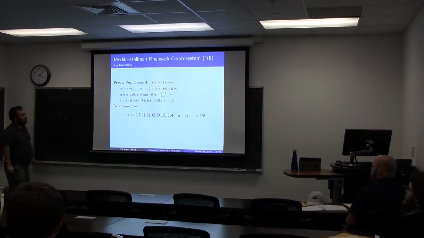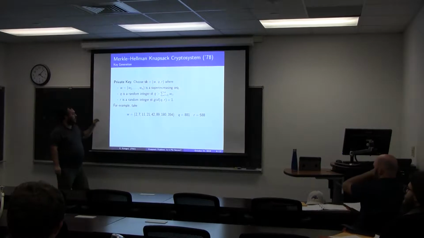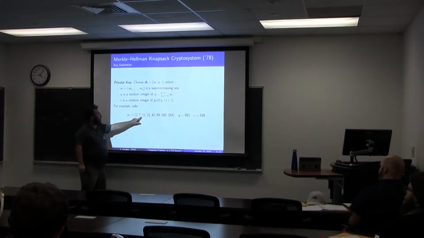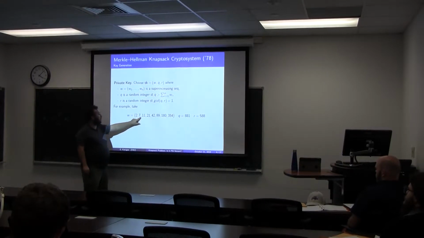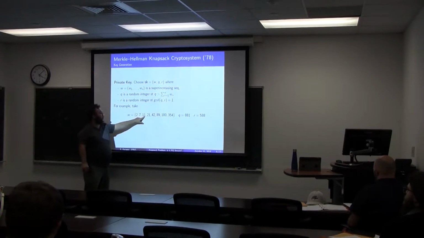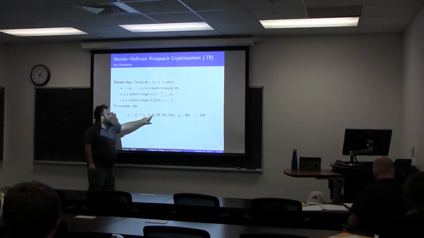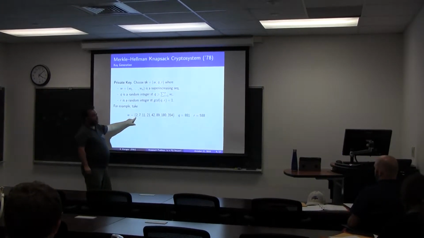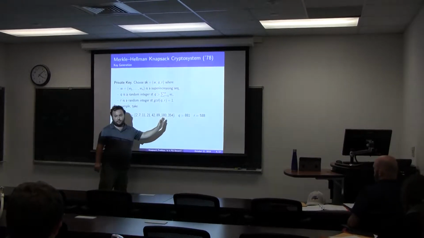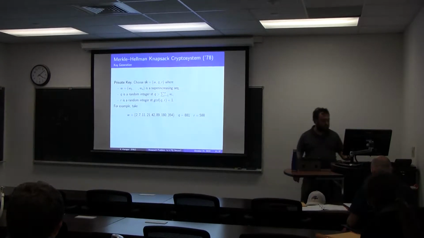For example, here w is 2, 7, 11, 21. As you see, 11 is greater than the sum of 2 and 7, which is 9. 21 is greater than the sum of these three numbers, which is 20. 42 is bigger than the sum of these four numbers, and it goes on like this. So this is a super increasing sequence.